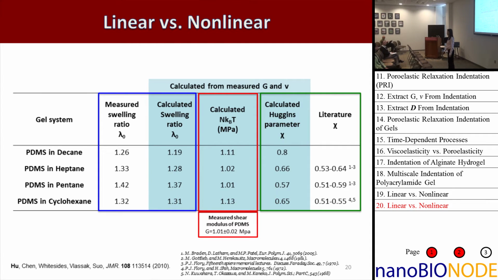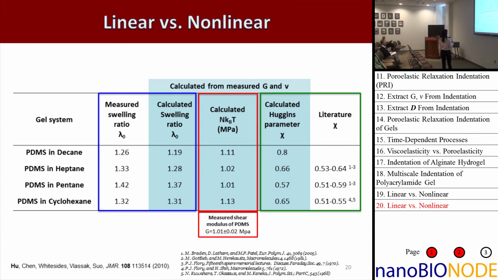The reason I chose PDMS is because it's a well-studied model material system. I can do comparison, but material characterization-wise, it's not very interesting. This material is not that difficult to characterize, but for hydrogels, it's difficult, right?